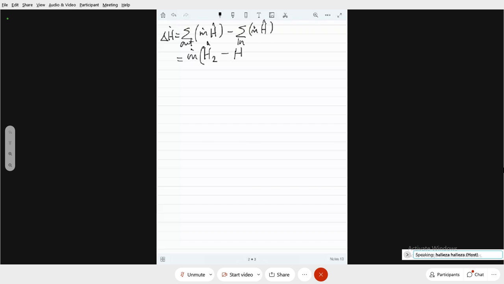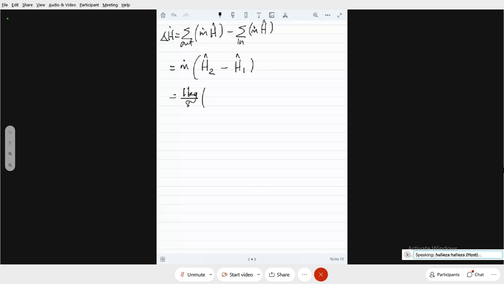Let me undo that, because it's too close. Let's rewrite that. It's going to be mass times specific enthalpy out minus in. We get rid of the symbols 2 and 1 from just now. So your mass is 1 kilogram per second.